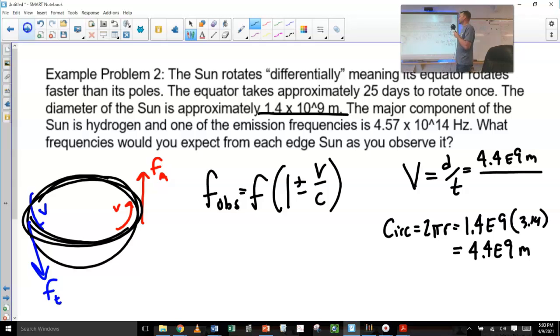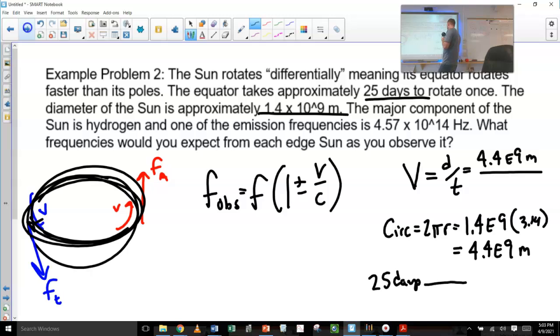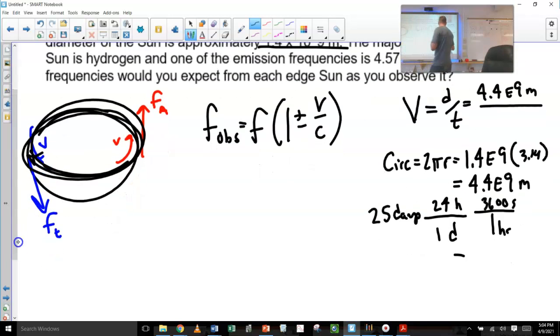How much time does it take? It says it takes 25 days. So it takes 25 days to make that journey. So the time, 25 days, I'm going to convert that to seconds. 1 day is equal to 24 hours, and 1 hour is equal to 3,600 seconds. So when I do a little dimensional analysis here, that ends up being 2.2 times 10 to the 6th seconds.